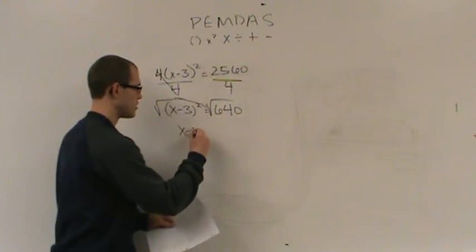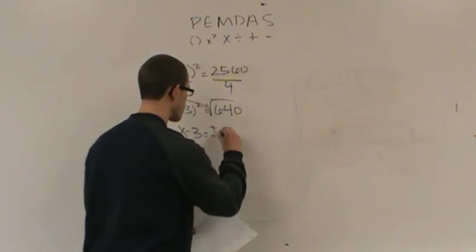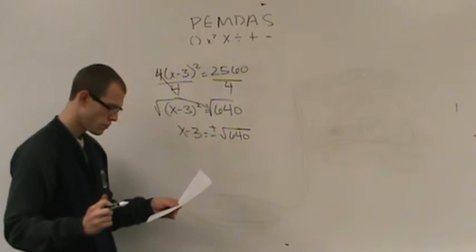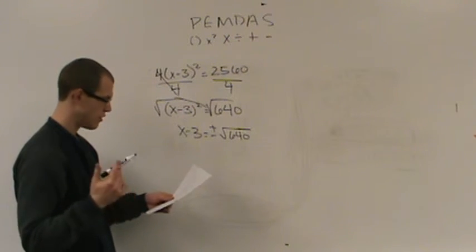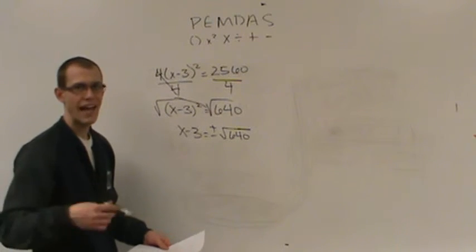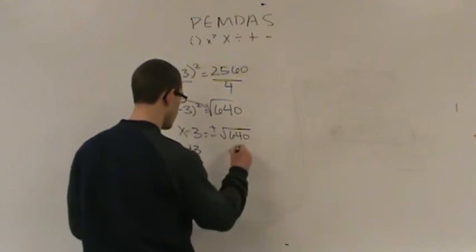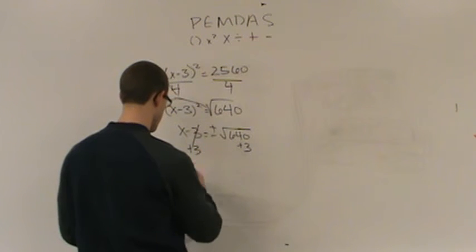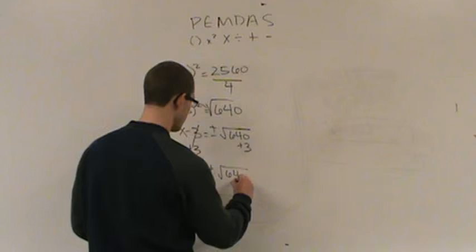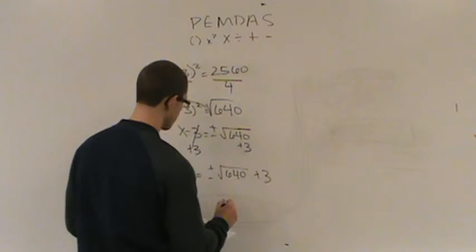So we're left with x minus 3 equals plus or minus the square root of 640. And lastly, we see the minus 3 right there. To undo that, we add it to the other side. So we have x equals plus or minus the square root of 640 plus 3.